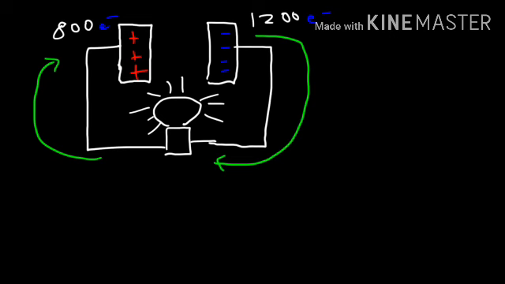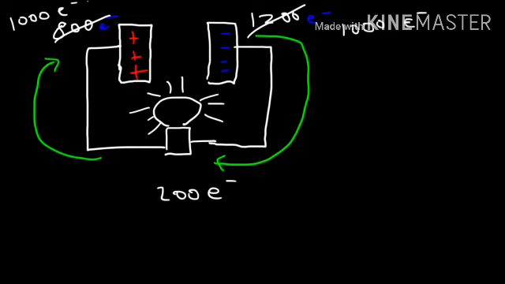Now, the capacitor will stop working when the number of electrons are equal on both sides. So once 200 electrons flow through the light bulb, this will now be 1,000, and this will increase by 200, so it's going to be 1,000 now. At that point, the two plates are neutralized.